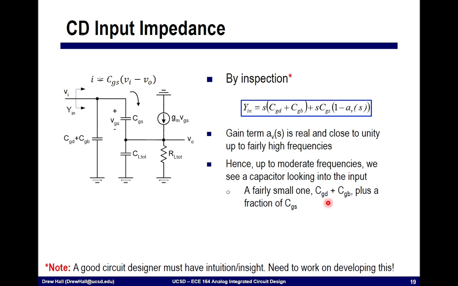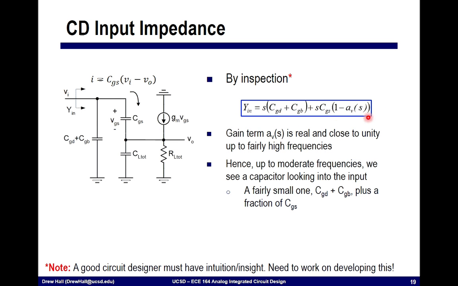I'm simply going to say that by inspection we can see this. By inspection, I mean that we can look at the circuit and make some reasonable assumptions, and we can come to this equation without having to do a whole lot of work. As a good circuit designer, you really need to have this, and it takes practice. So I would encourage you, if you can't figure this out very quickly, write it out.